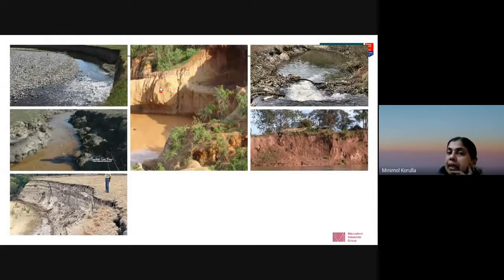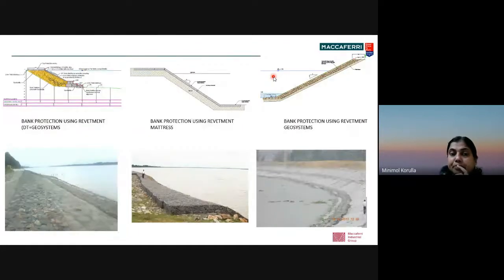It can be a red soil like this, with a vertical cut, or it can be flatter but a very erodible type of soil. Normally, if the grain size is higher, like sand or silt, it will be more erodible. If it is clay, the erosion may not be that high, but there is every possibility of breaching or washing out, or a complete rotational stability issue can also be there.